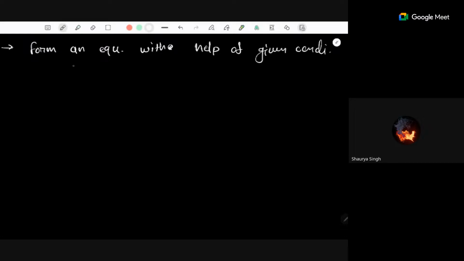I hope you are familiar with mathematical word problems, right? There is a question given to you in the form of words. For example, the age of Ram is twice the age of Sham, and if there is a relation between those quantities, you can form an equation with the help of the given condition, and then you can solve that.